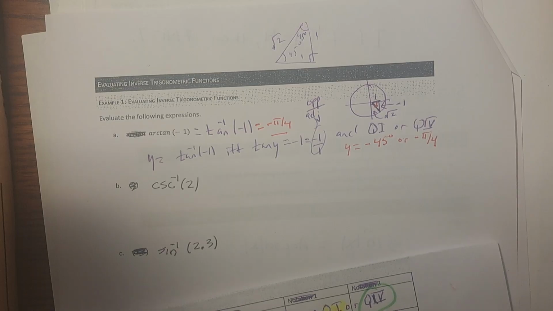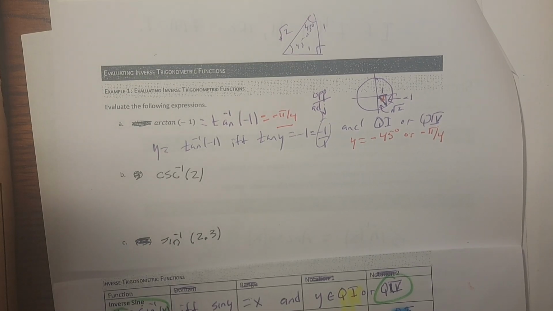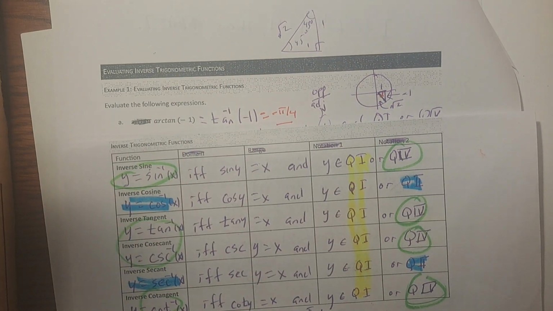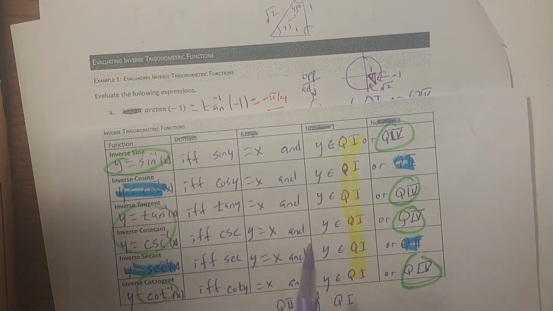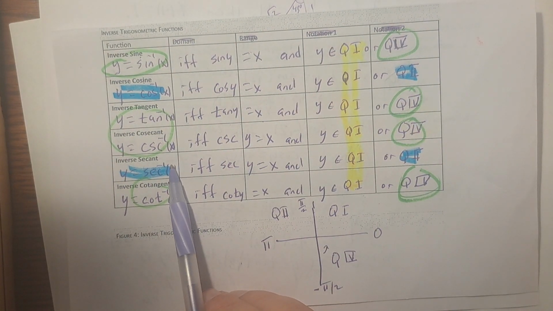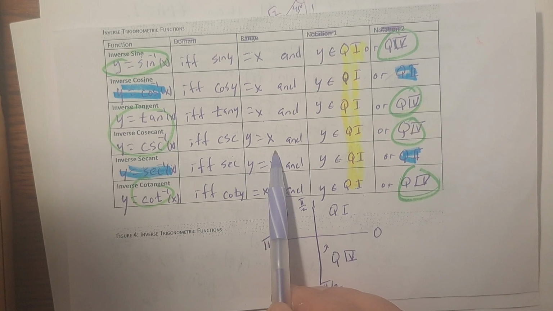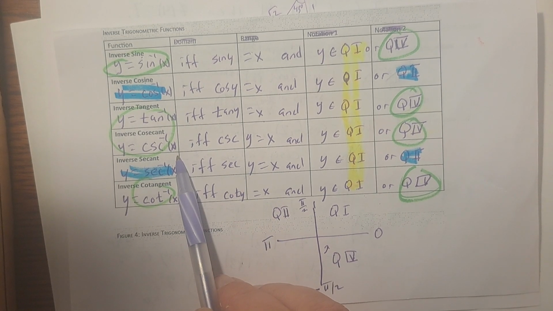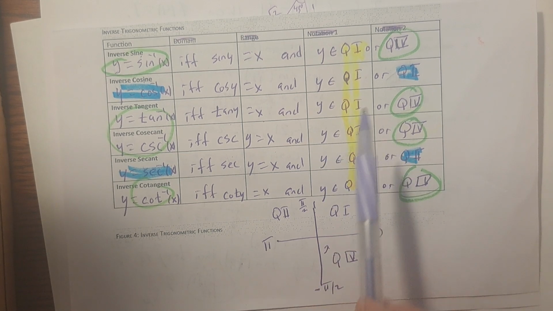Let's do cosecant. Well, the way cosecant works is this way. Y is the inverse cosecant if and only if the cosecant of y is the number that you're plugging in for the x, and your y's come from quadrant 1 or quadrant 4 again.